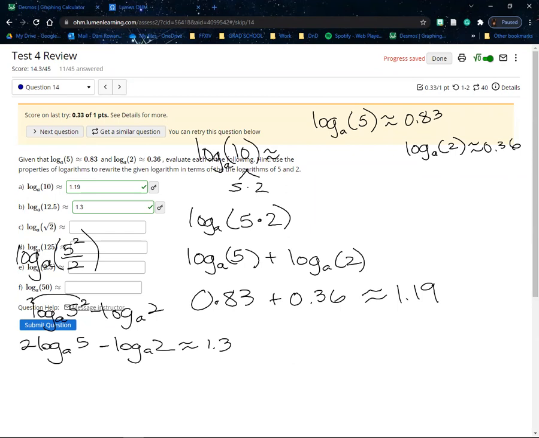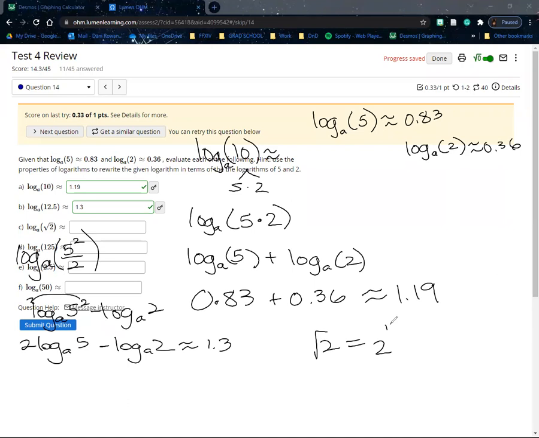The other one would be like square root of 2. Square root of 2, how do we write that in fraction form? 2 to what power? I guess 1. It's 1 over something. Over 2. Yeah.